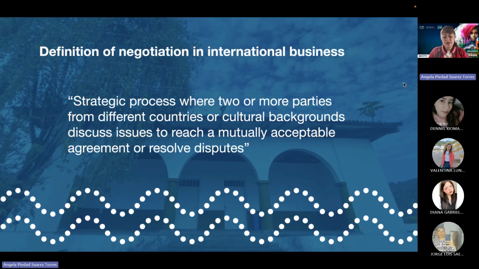International business negotiation is a critical skill for expanding business activities globally and establishing long-term mutually beneficial commercial relationships. This is a short explanation of what we understand by negotiation in international business, and it also has those important key elements that we have to consider in the process.